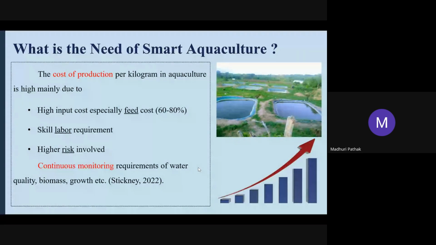Ultimately, you need to know what is happening. So continuous monitoring is required for the water quality, biomass, and growth in aquaculture.